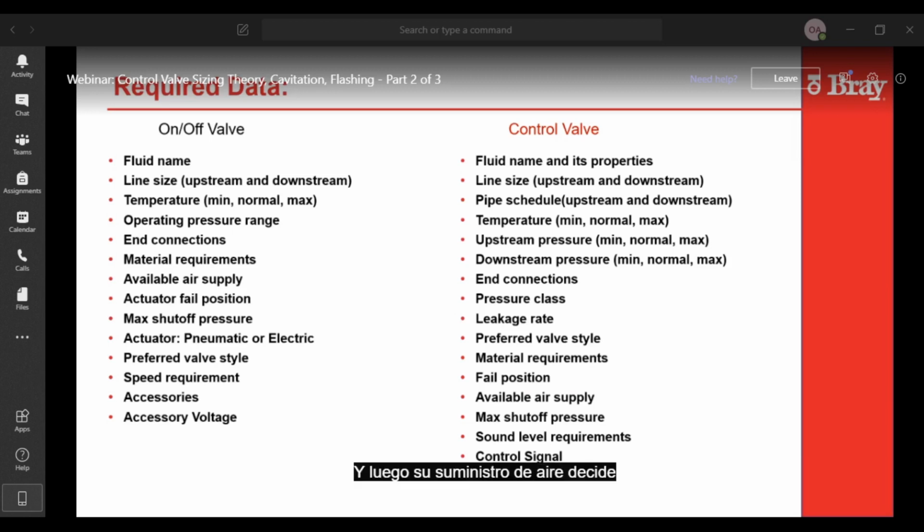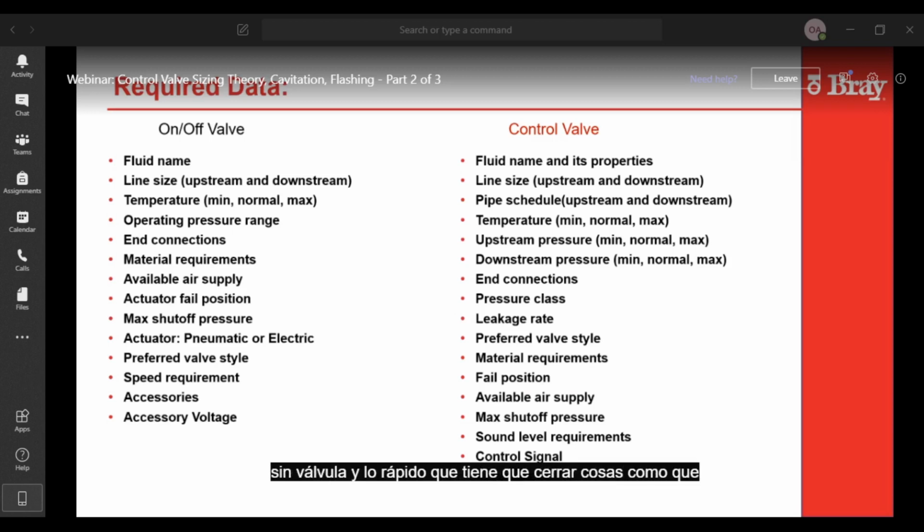And then your air supply for a pneumatic actuator, or electric current for an electric actuator, decides the actuator. If they want a failed position, shut off, on off, what the shut off pressure is, that's the critical factor. We just size on-off valves to shut off the line pressure. And preferred valve style, the customer usually wants a certain kind of valve for an on-off valve and how fast it has to close, things like that.